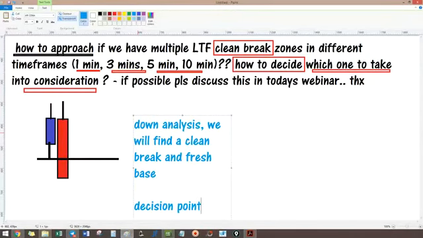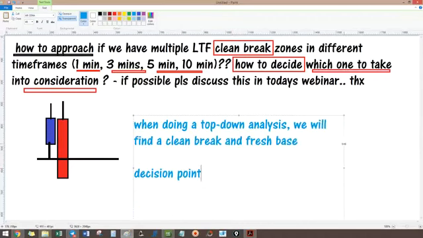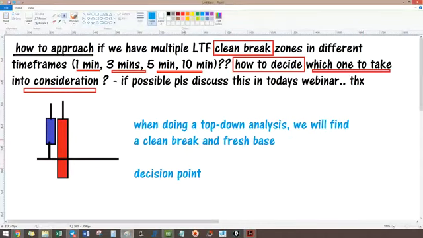So for example, let me show you. When doing a top-down analysis, we will find the clean and fresh base. Because when you do your homework, sometimes it takes a base that did not clean break.